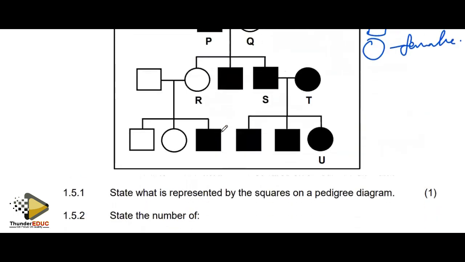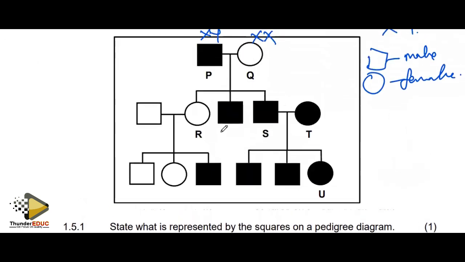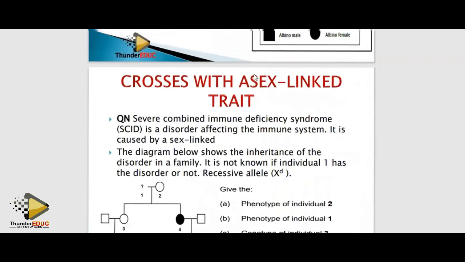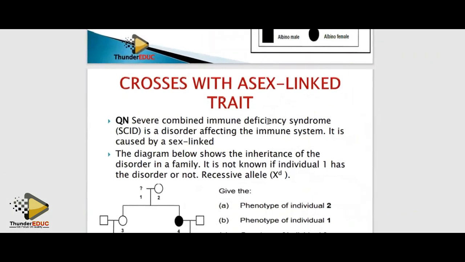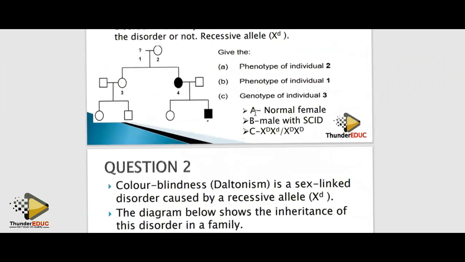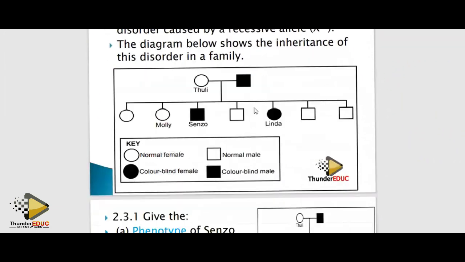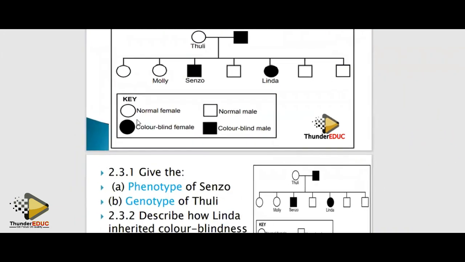Yes, because we have many questions concerning pedigree diagrams. Yeah, this is a sex-linked disorder. So whenever you see sex-linked, a box means a male, while a circle means a female.